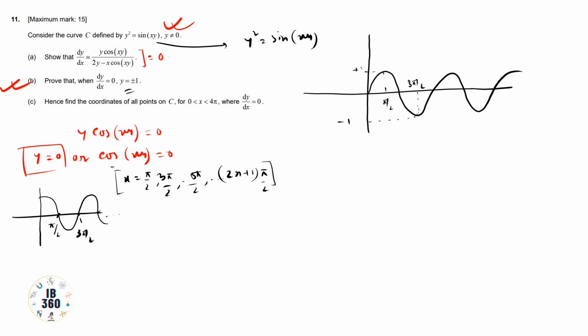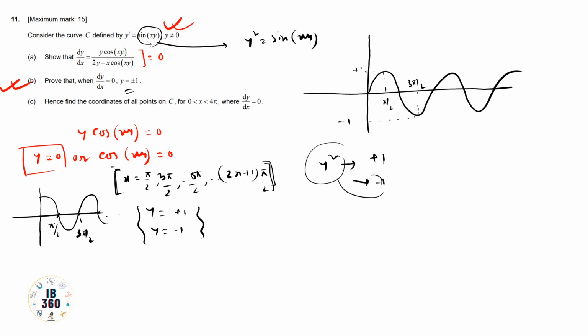So at all these x values, the value is either plus 1 or minus 1. But this equation gives y square as either plus 1 or minus 1, and a square value cannot be minus 1, so y square equals 1 at these particular values in the sine x graph, and here you can see the cos x graph. From both these two graphs we are matching the value. So y square equals 1, so y equals plus or minus 1.